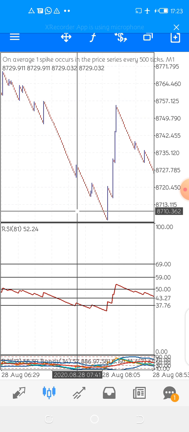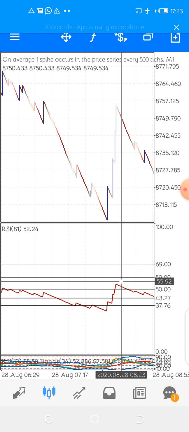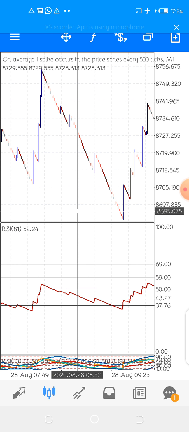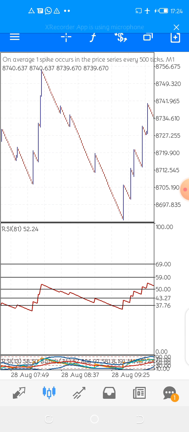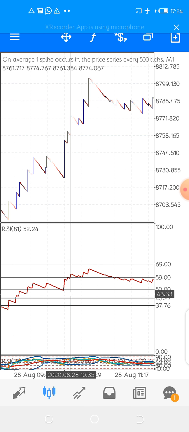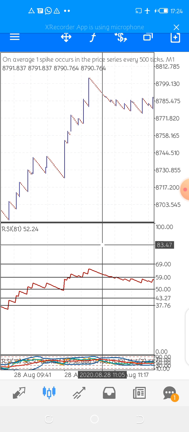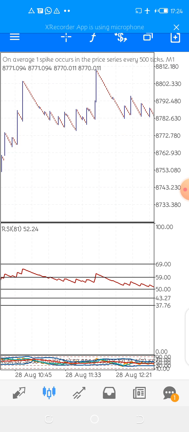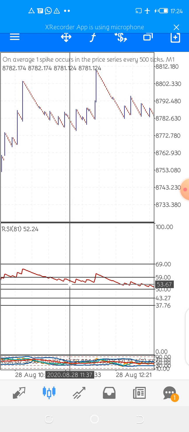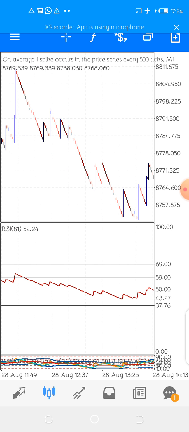It reaches again past a little our level 37, then starts coming up, level 37 again, starts going up, level 50. I told you anytime it reverses from level 50, that is very strong trend continuation, goes up again, consolidation around this area, breaks out a bit, then starts coming down.